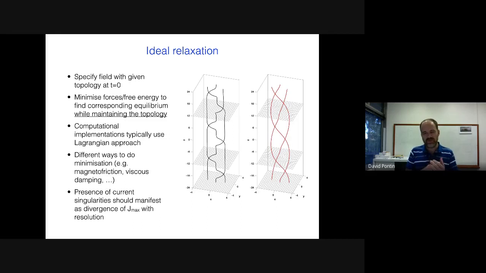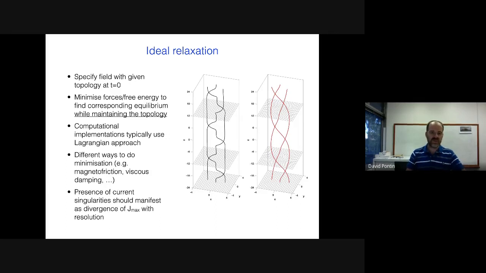So that's important. You've specified this topology. You now have to exactly fix it. That means you have to completely exclude reconnection, which means that you typically need a Lagrangian grid approach to your computational scheme. So if you use an Eulerian grid, then there will always be some finite numerical dissipation, and so some finite slippage between the field and the plasma.